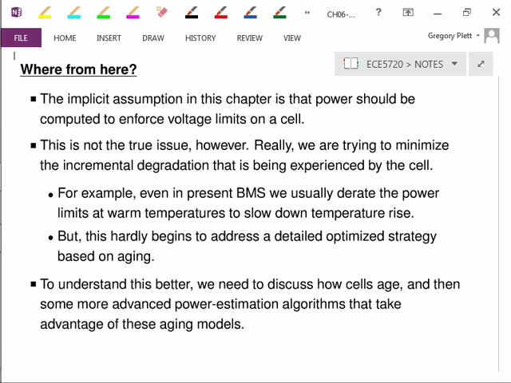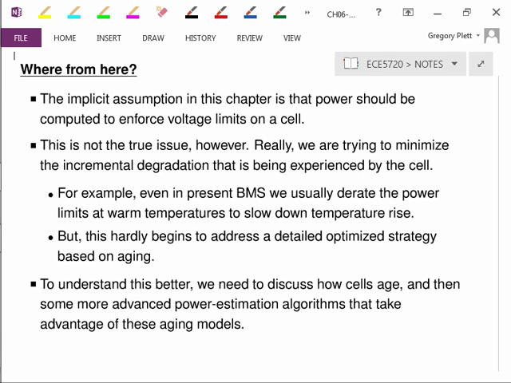There's some internal variable that I need to put a limit on in order to make sure that the cell is safely operated. And it's related to degradation or a safety event. I don't want to cause excessive degradation, and I do that if I maintain the cell at 4.4 volts for a long period of time. It's going to degrade really rapidly. But if I just do 4.4 volts for a second, it's not so bad.